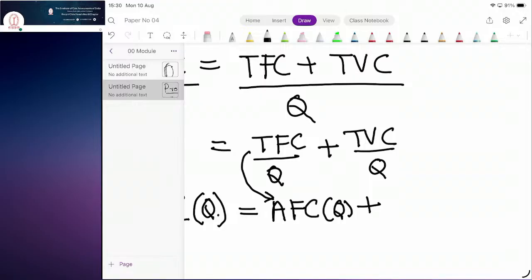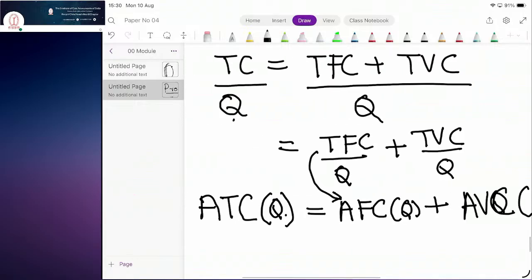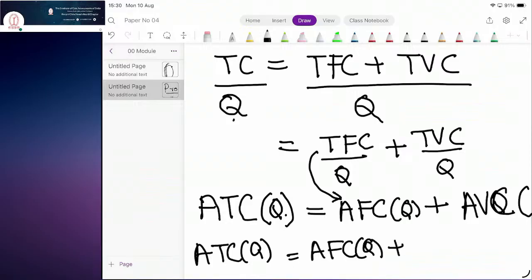AVC, correct, average variable cost. So now write this: ATC equals AFC plus AVC.